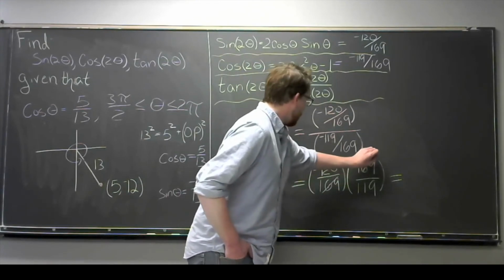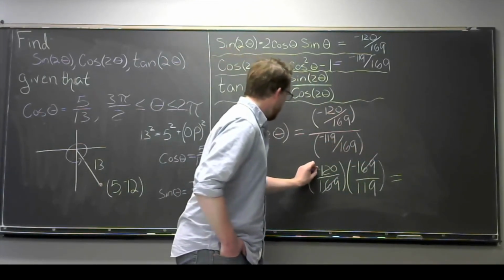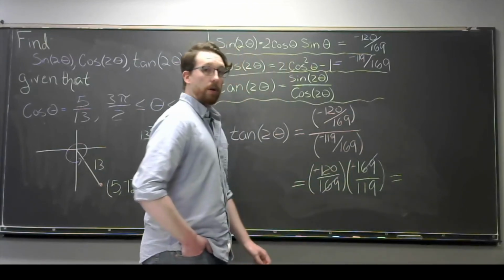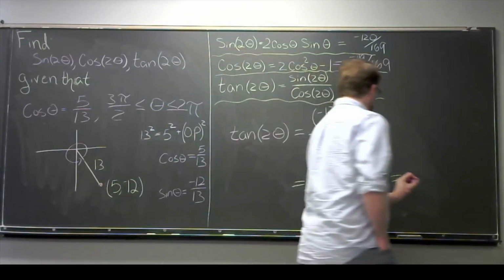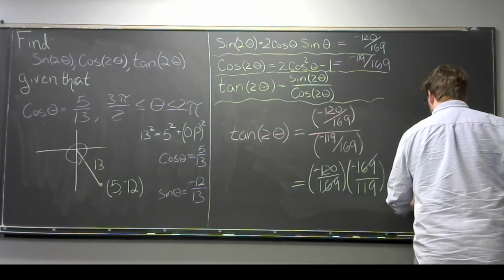Notice these are going to cancel out, and the negatives are going to cancel. So you're just going to be left with 120 over 119.